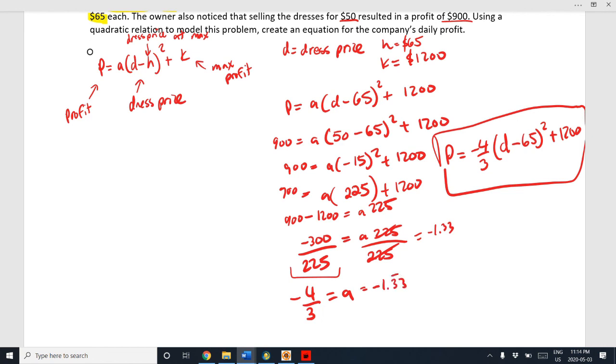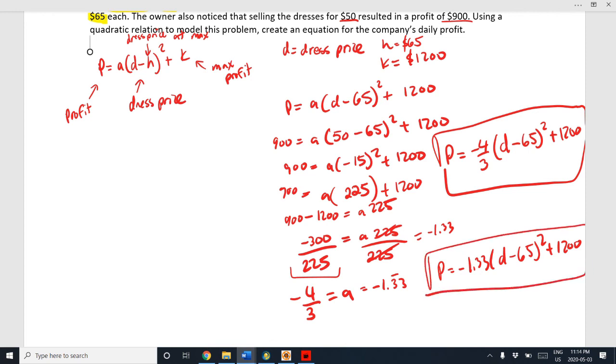So you could convert it to a decimal and state the A value as a decimal. And so I'll write that down here for you as a complete equation: negative 1.33 times D minus 65 squared plus 1200. Okay, so either of these are correct. And if you wrote these on a test, you'd get full marks for either of them, okay?